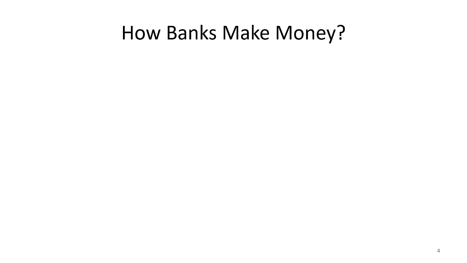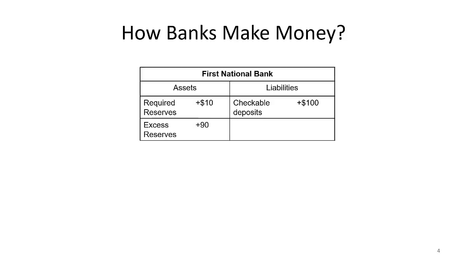Now let's come back to the question of how banks make money, or in this case, the profit. Let's start with the First National Bank again. Suppose this First National Bank has checkable deposits of $100, and we all know they can't use all of the $100 as part of their lending process.